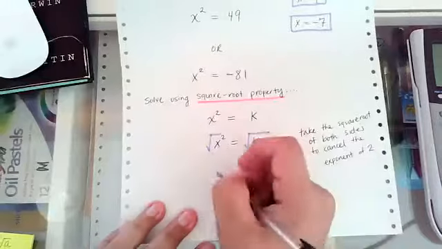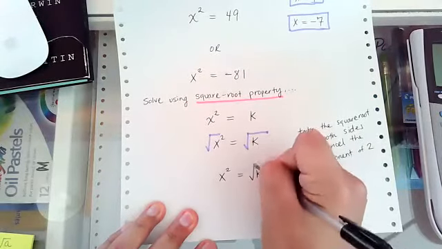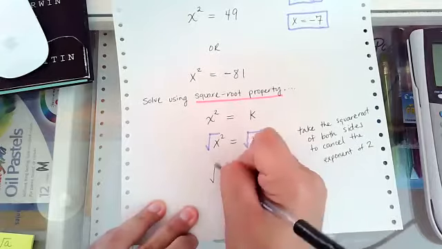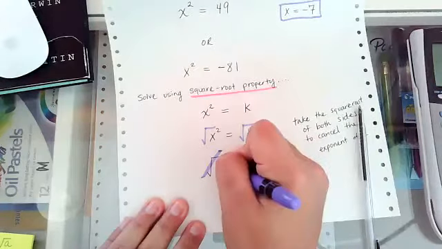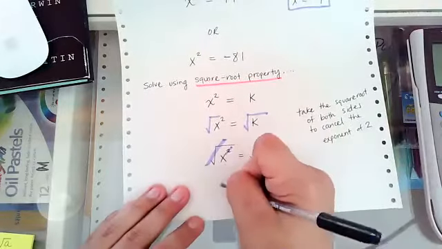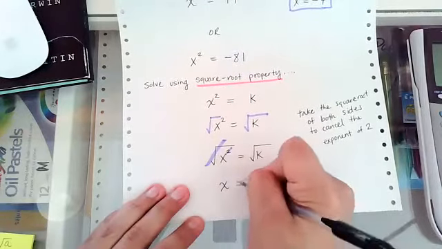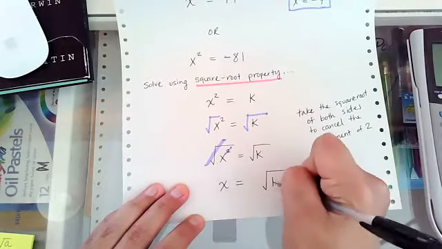So I know this is a lot of writing the same thing. So we would have something like this, where now the square root symbol and the square cancel out, and we're left with x is equal to whatever the square root of this number k is.